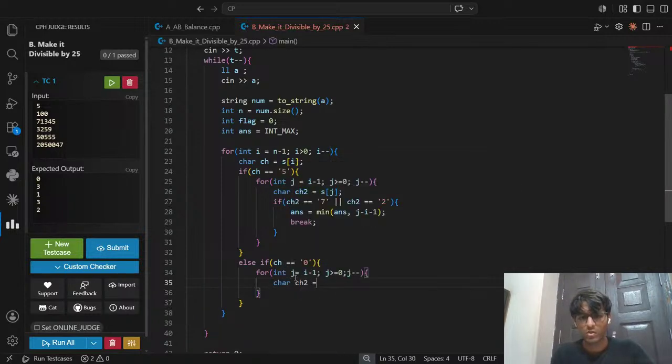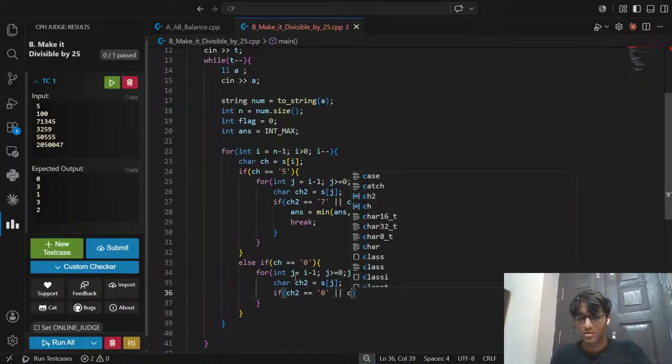This should actually work, apart from jokes. If CH2 is equal to 0, and this is for 0, so 0 or 5, CH2 is equal to 5.